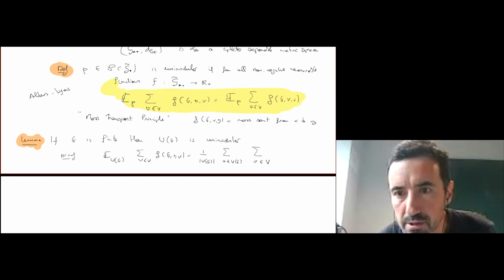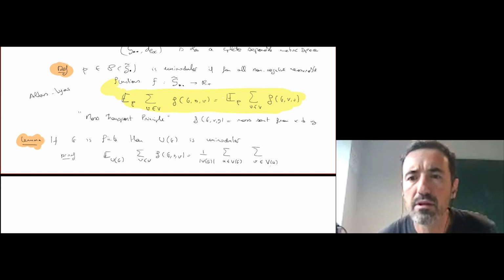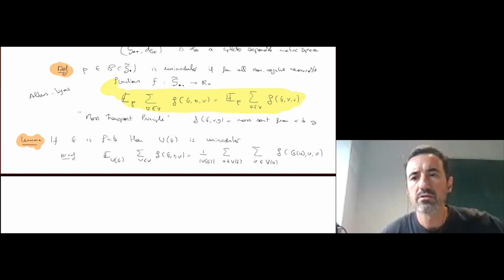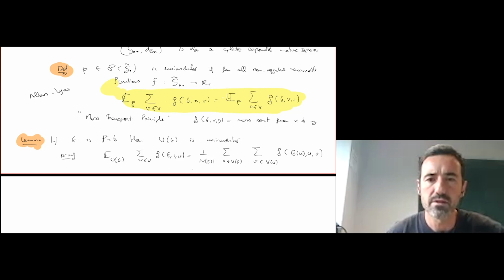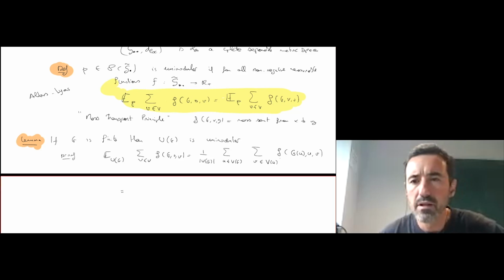So I will denote it by V of U of F of G of U, V. Okay, so this is the graph spanned by the connected components, and this is the definition. Now you switch.